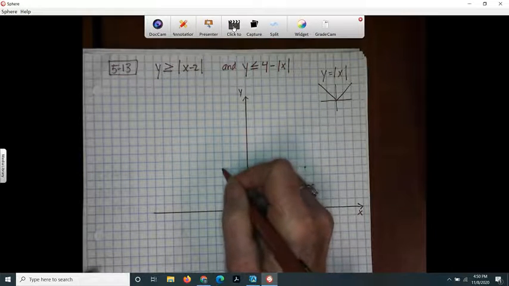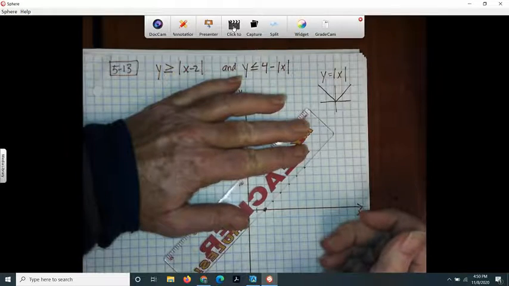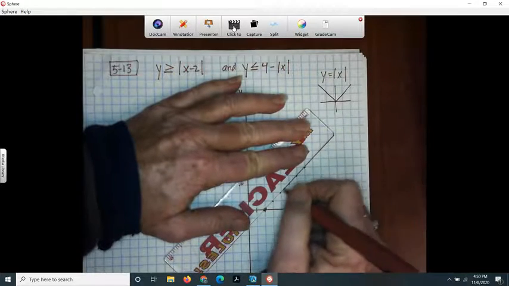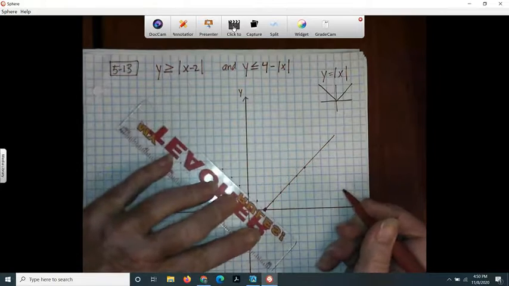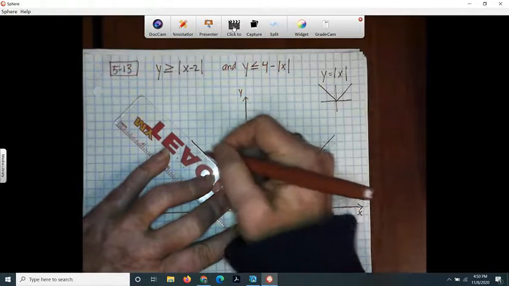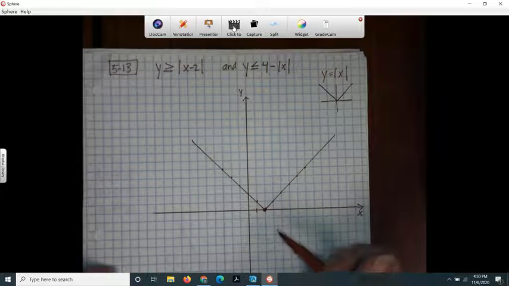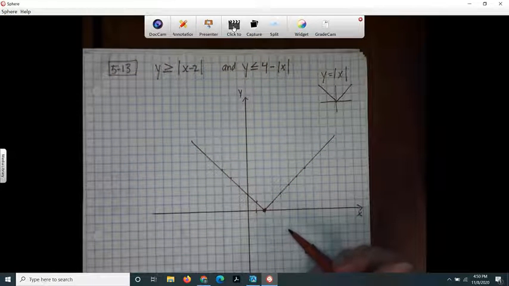You don't have to make all those dots, you can just use a ruler. And when it's an inequality, we're supposed to shade the regions that make it true.